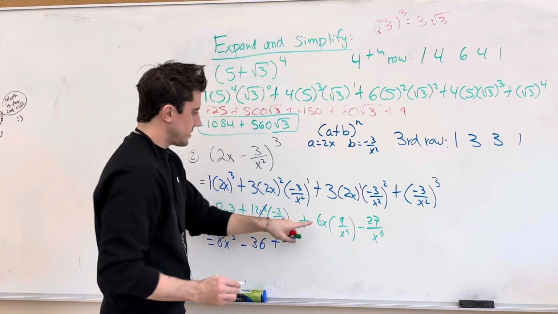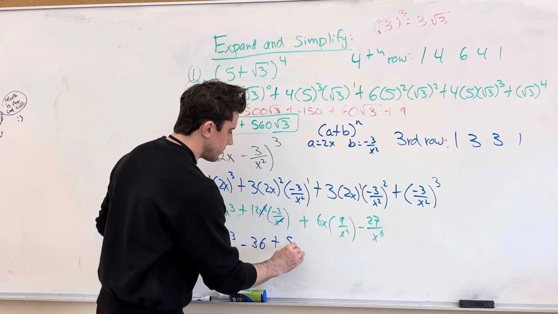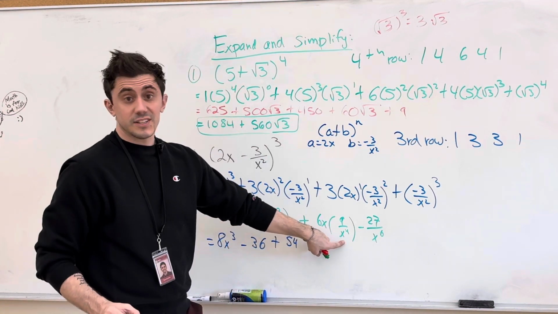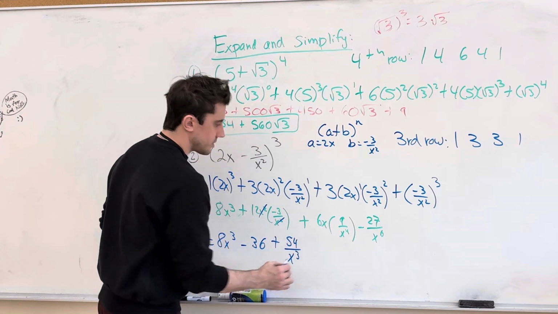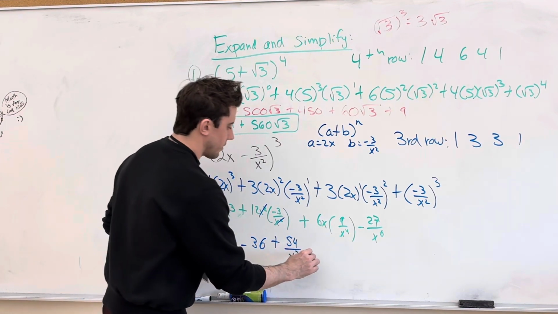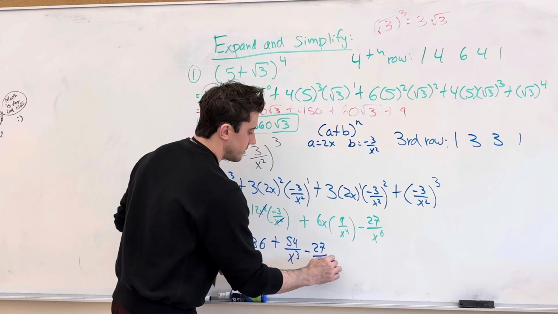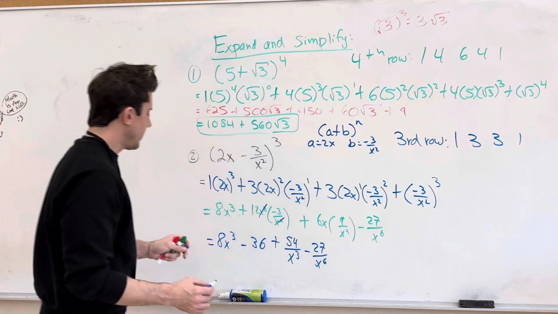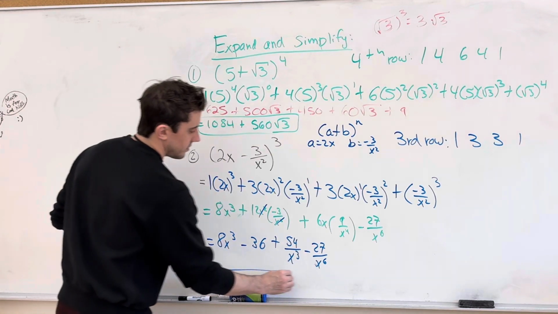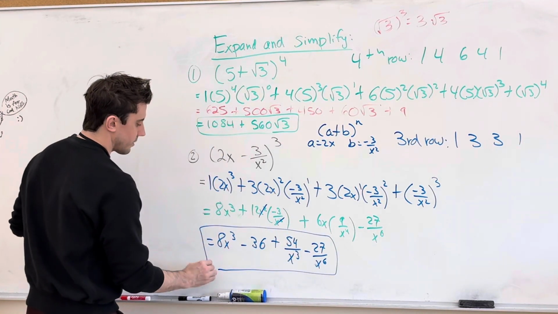Next, we'll have 6 times 9 is 54. X over x to the 4 simplifies as over x cubed. And our last term is already in its simplified form. And so here is our final answer.